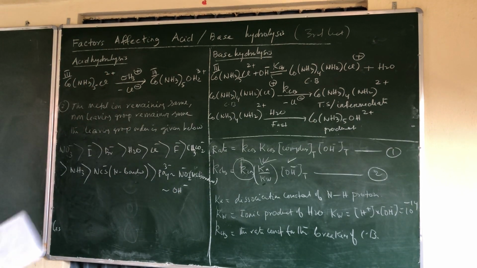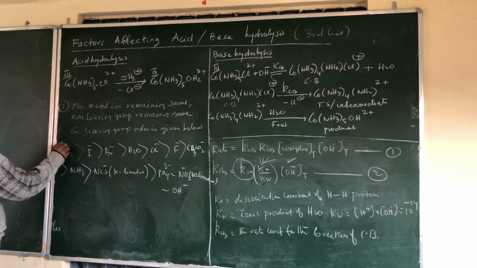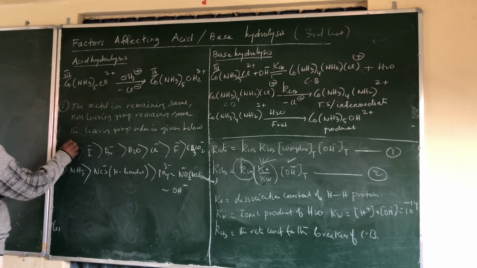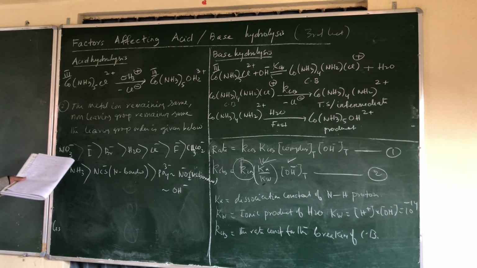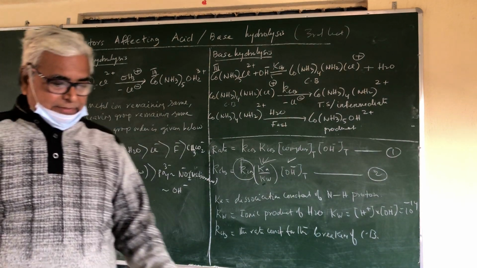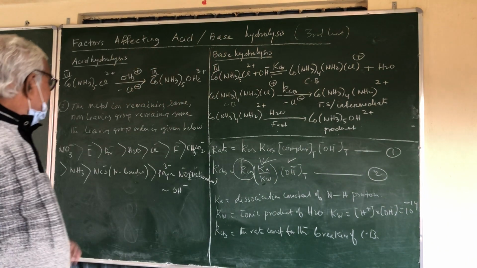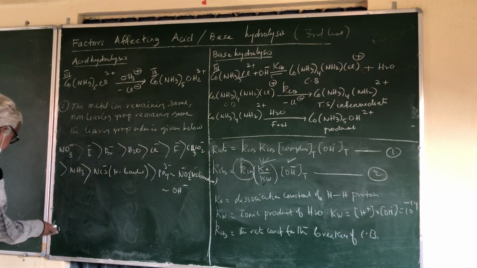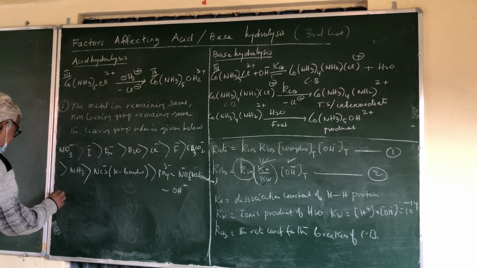So this is the leaving group order. This leaving group order can easily be explained. Suppose we take three complexes like this.